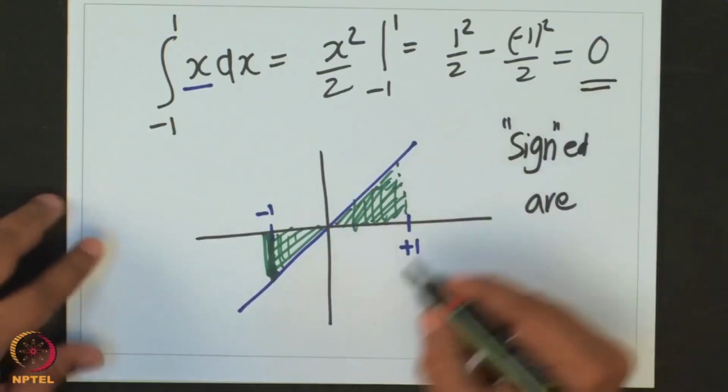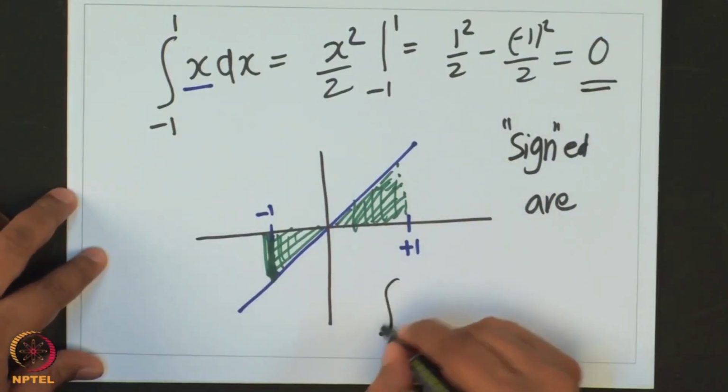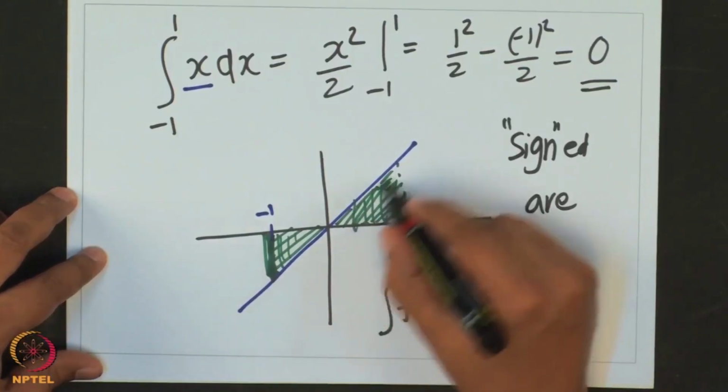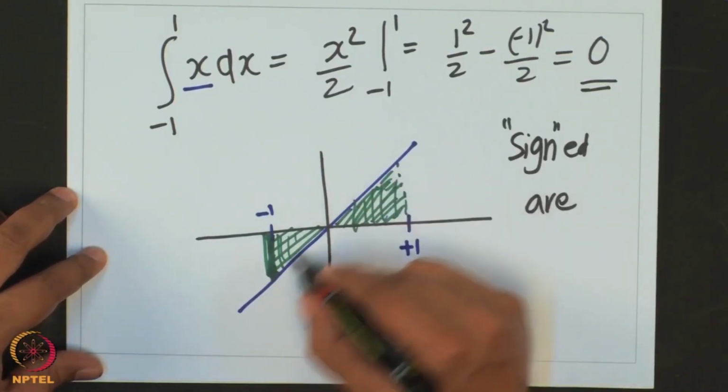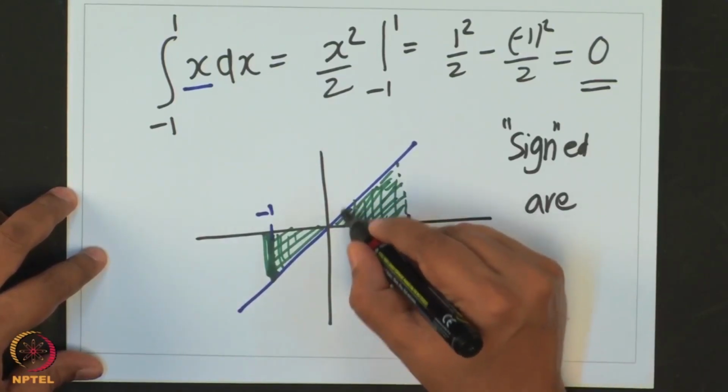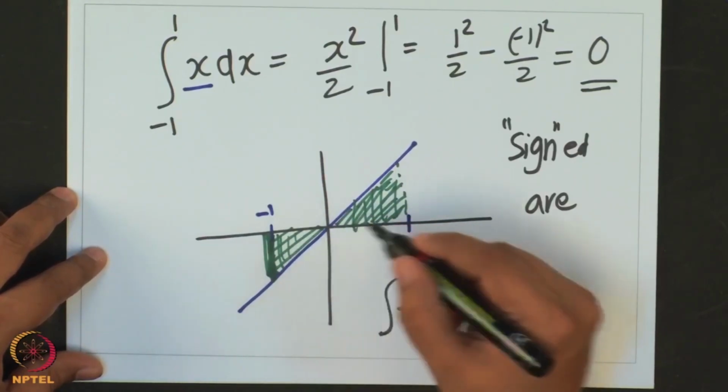In other words, what we want is the integral of f dx, and the function is positive here and the function is negative here. So if I take dx and multiply this function, you would get positive here and negative here.